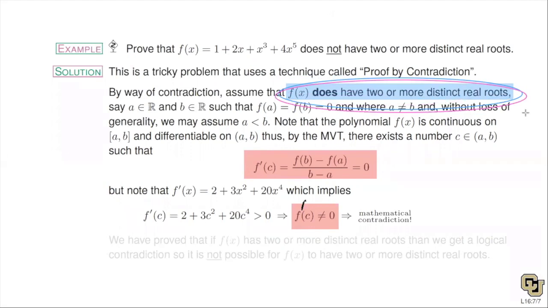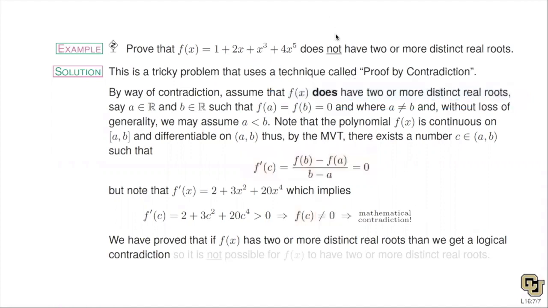The reason we're getting a mathematical contradiction, and remember, mathematicians hate contradictions, so we don't like this, the reason we must have gotten a contradiction is because of this false assumption right here. This assumption that f of x has 2 or more distinct roots has gotten us in trouble. In fact, it must be that it's not possible for it to have 2 or more distinct roots.